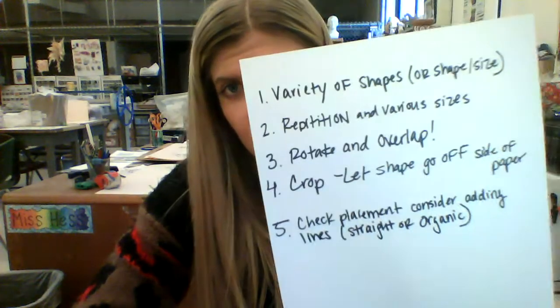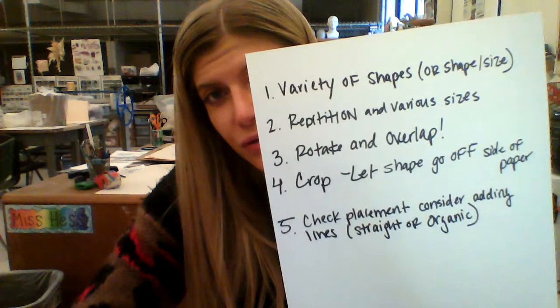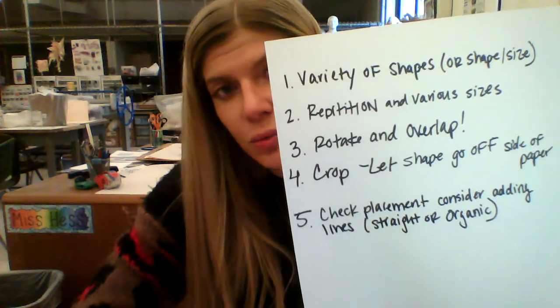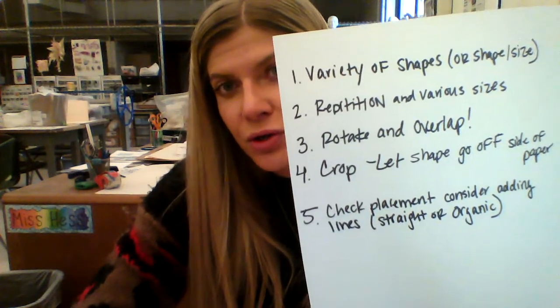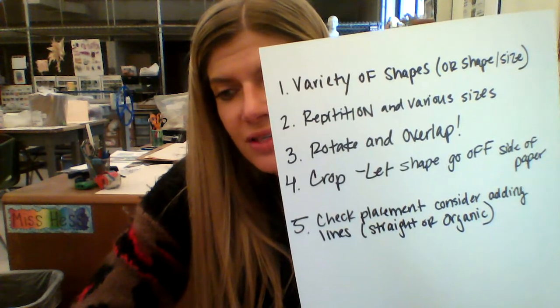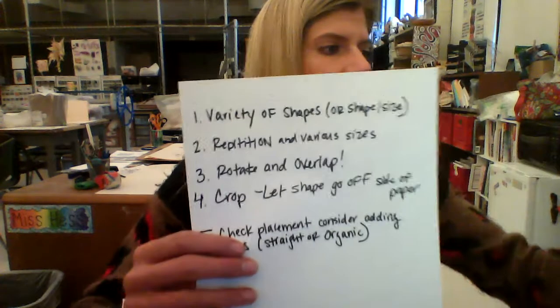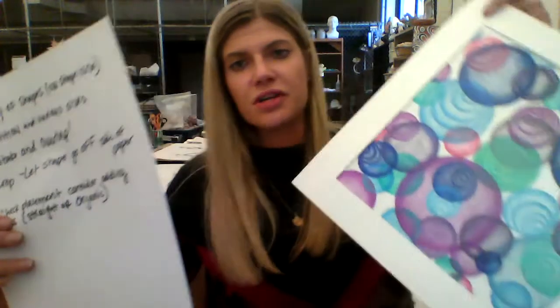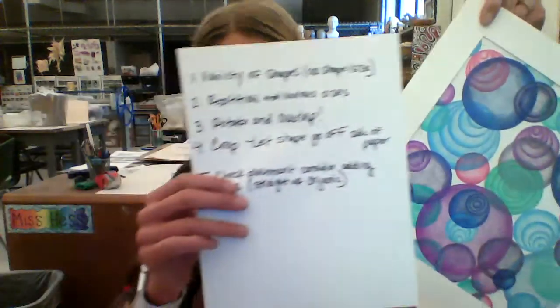So I wrote them down here, but they're also in your discussion post. Using a variety of shapes. So what does that mean? Either using many different shapes or using a variety of the same shape. So in this one, the student used a variety of circles.